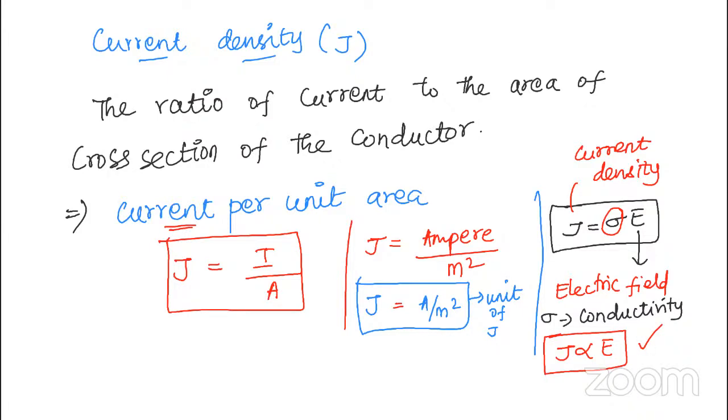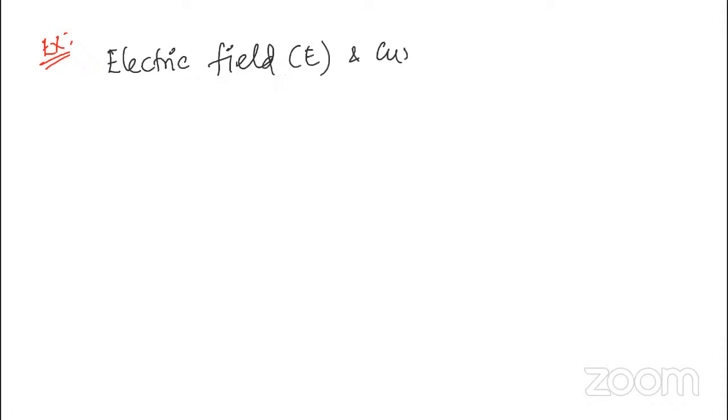Let me give you an example, and you tell me the correct option. Electric field E and current density J have a relation.